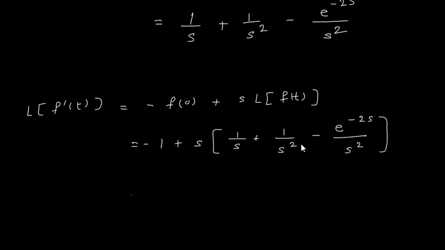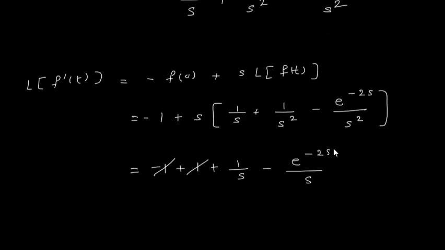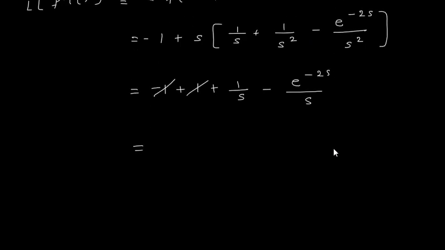Now when you open the bracket, you will get minus 1 plus 1 plus 1 upon s minus e power minus 2s upon s. Now this minus 1 plus 1 will cancel, and finally you have 1 upon s minus e power minus 2s upon s. This is Laplace of f dash t.